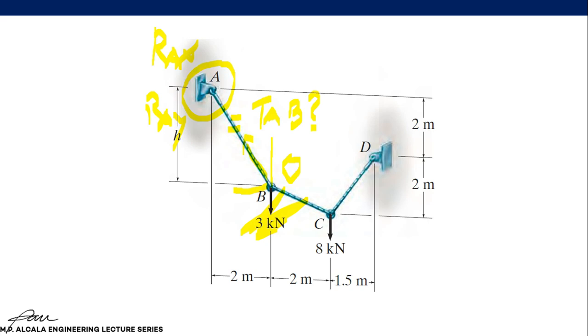Okay, omitting this point, you will be considering the whole length as one. Okay? So in your FBD, that will be RAX. Let me draw the FBD, RAY, assuming to the right and upwards.